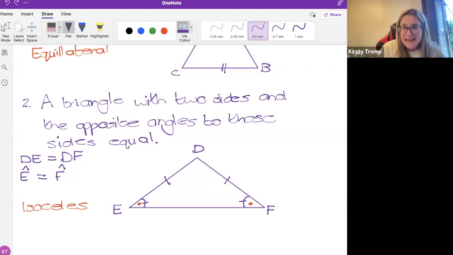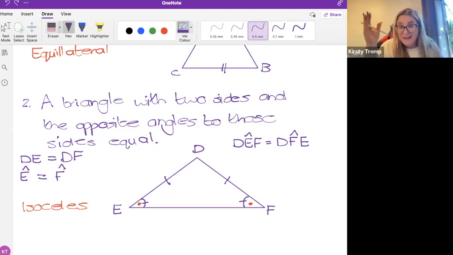All right. Is there maybe another way that they can show those angles? Yes, there is. They could say to us that angle DEF is equal to angle DFE. So that's another way that they could show it, by drawing it out like that. The angle that sits in the middle, the letter that's sitting in the middle, that's the angle.